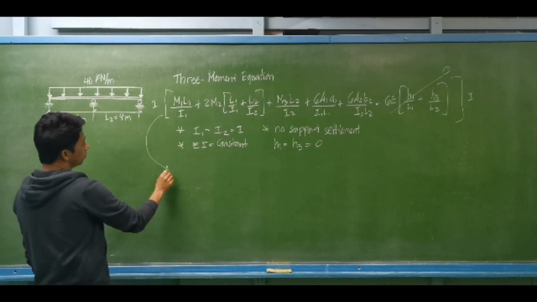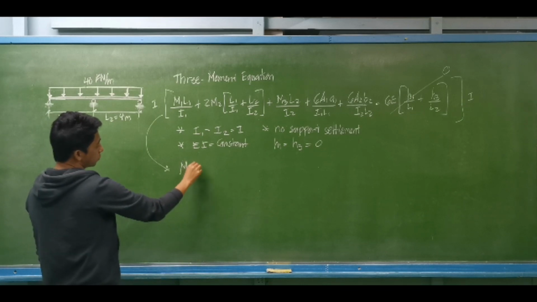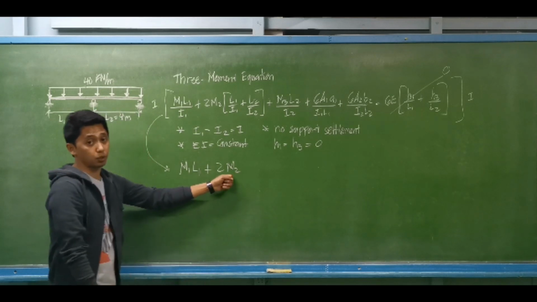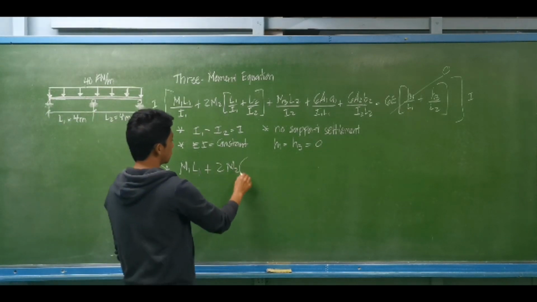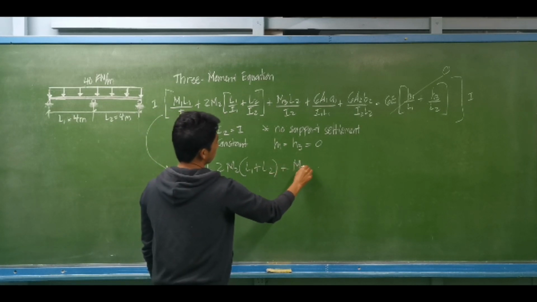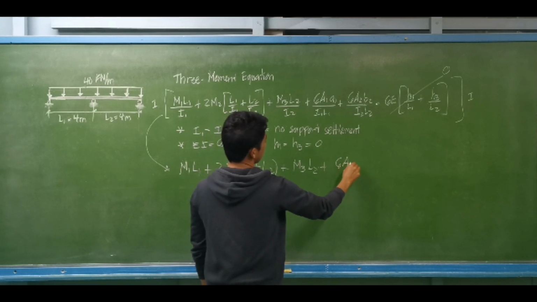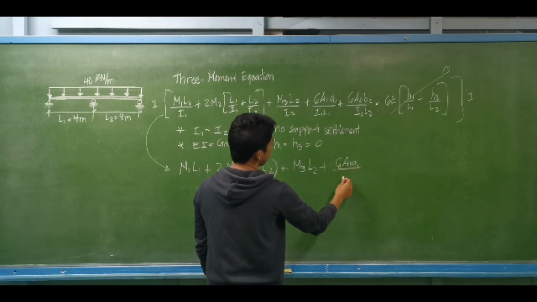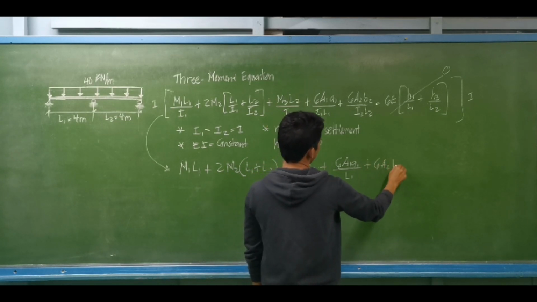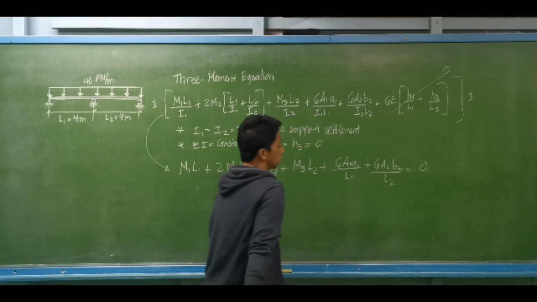So the simplified form will be, for this case, M1, the moment of the first support, times L1, plus twice the moment on the second support or middle support, multiplied by L1 plus L2, plus the moment on the third support, times L sub 2, plus 6 times A1 a-bar1 divided by L1, plus 6 times A sub 2 b-bar sub 2 divided by L sub 2, and this is now equal to 0.